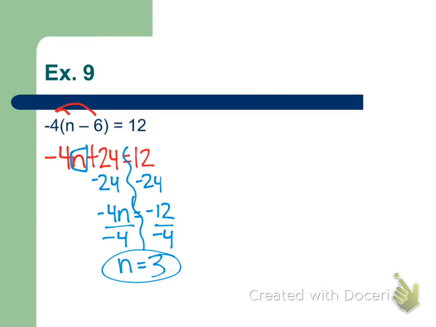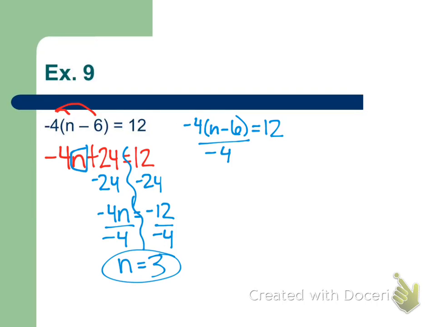If you looked at this and you said, but I see parentheses and parentheses have to go last, okay, that's fine. So let's redo the problem. Parentheses have to go last. This implies that we are multiplying. To undo multiplication, we would use division.